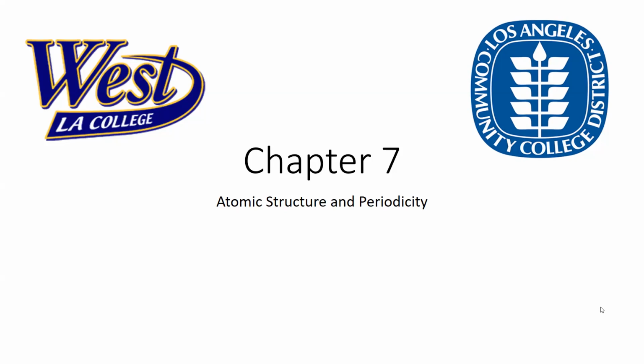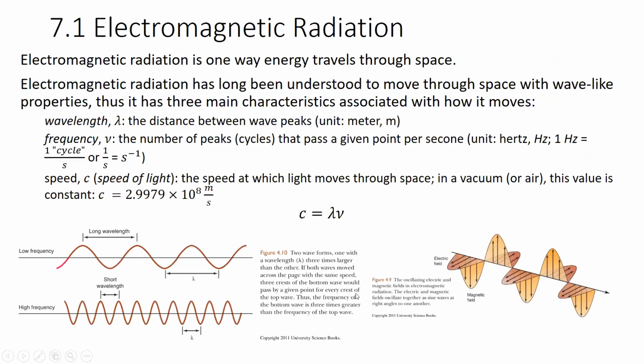Now, to start down that path, we actually have to dive into light, okay? Light is an important thing for us to look at because of how light interacts with matter. The first section of chapter 7, electromagnetic radiation, is just a fancy name for, among other things, light.